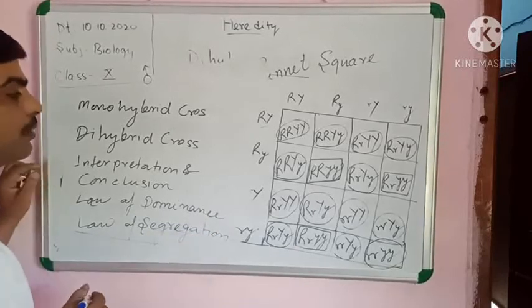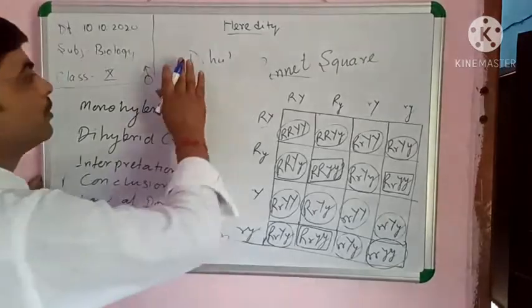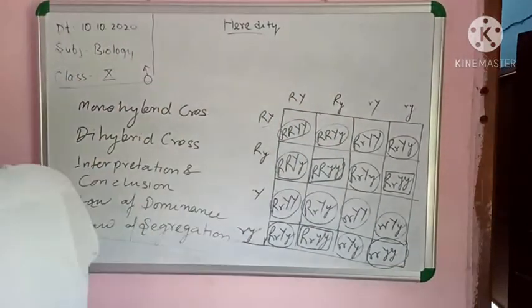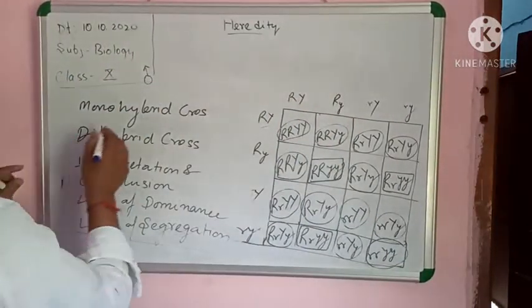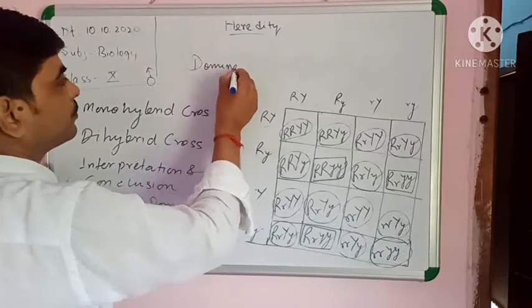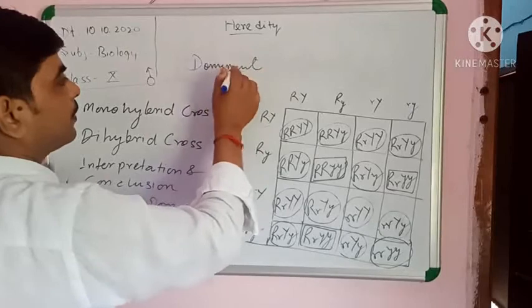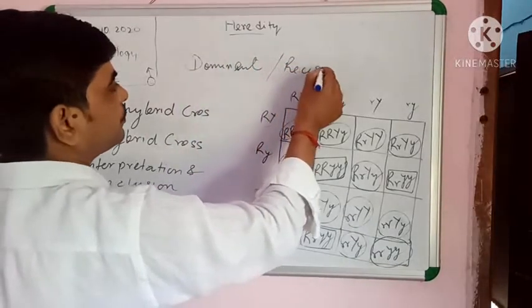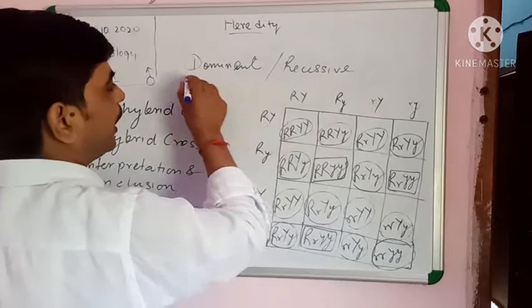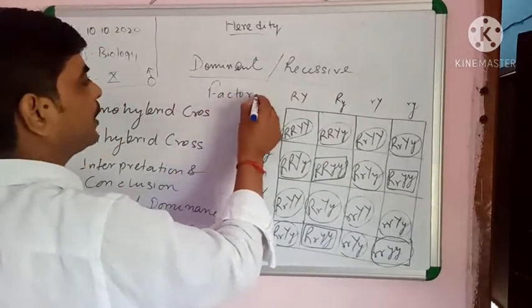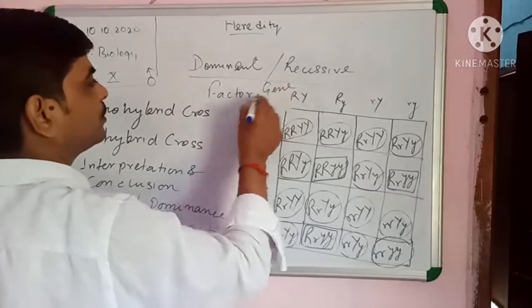And one more thing, two terms, dominant, recessive, and one thing, the factor word used by Mendel, that is today called gene.